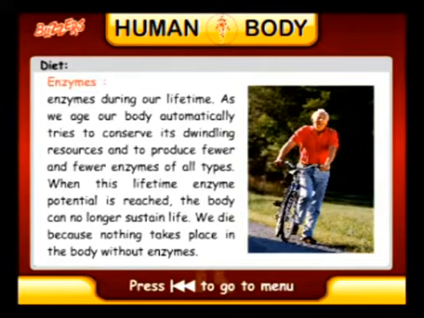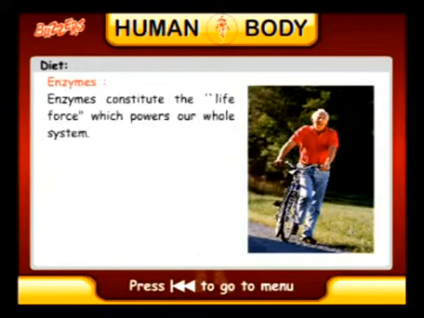When this lifetime enzyme potential is reached, the body can no longer sustain life. We die because nothing takes place in the body without enzymes. Enzymes constitute the life force which powers our whole system.